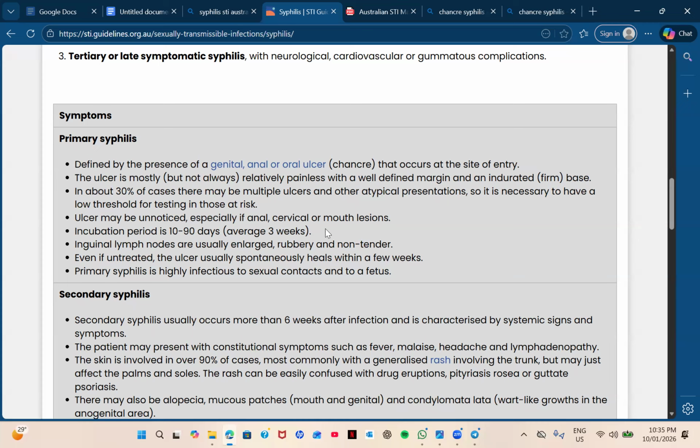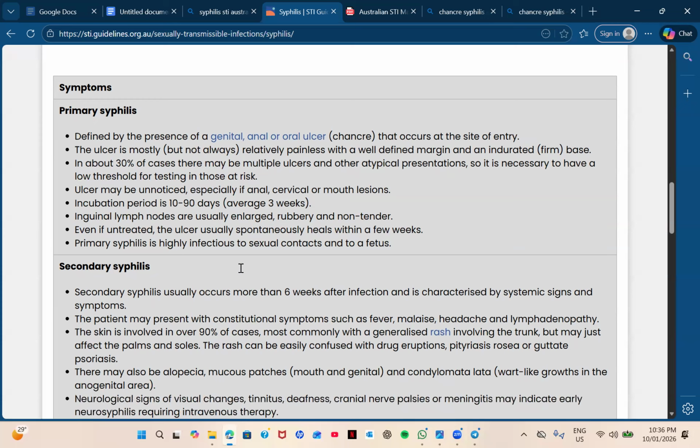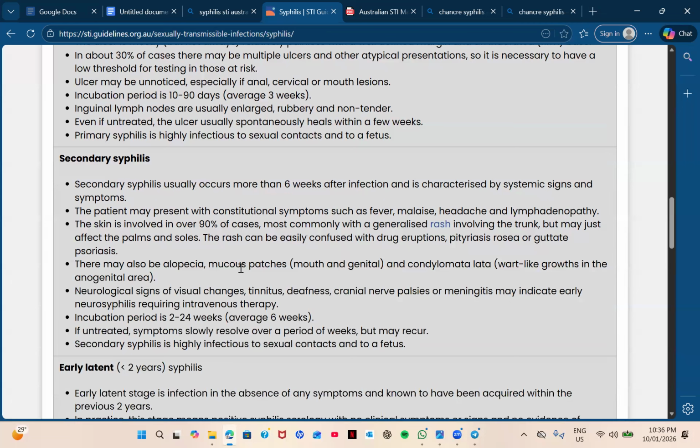After the incubation period of about 3 weeks, and after a few weeks, this chancre can heal spontaneously without any treatment. So it can be unnoticed, but during primary syphilis it's very contagious, right? Very contagious. So, we are done with primary syphilis. Now, what is secondary syphilis?